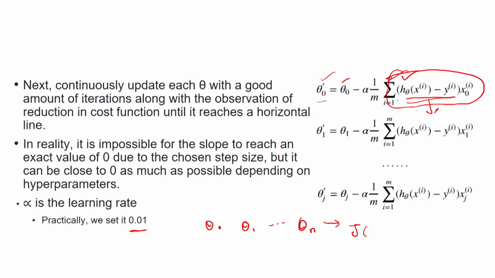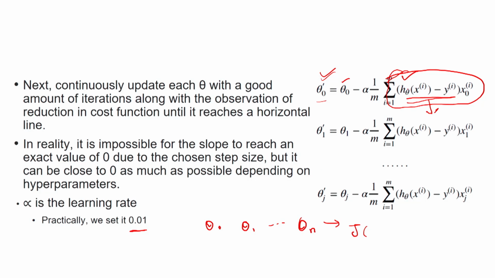The second possibility is that we take only one instance for calculating this error. So this will be only for i equal to 1, not from i equal to 1 to m. We calculate this error only for the first instance, and based on that we update our parameters.